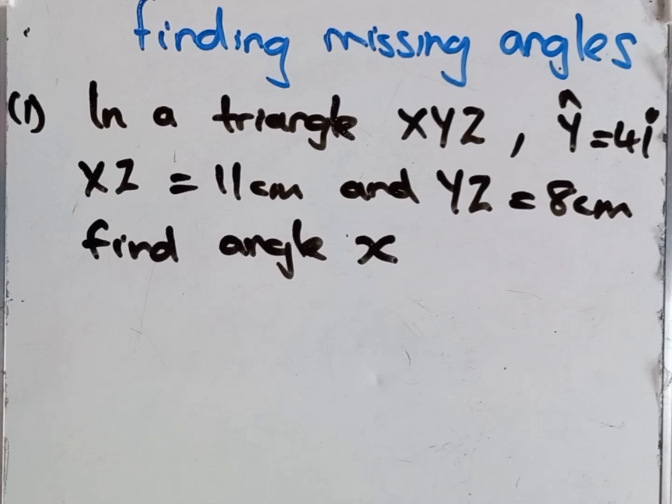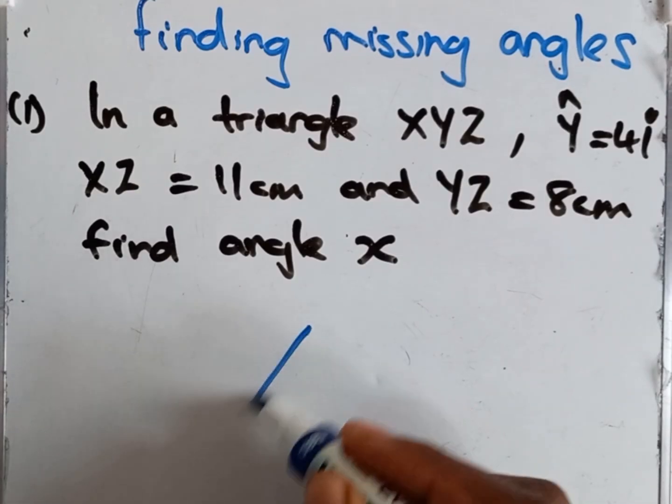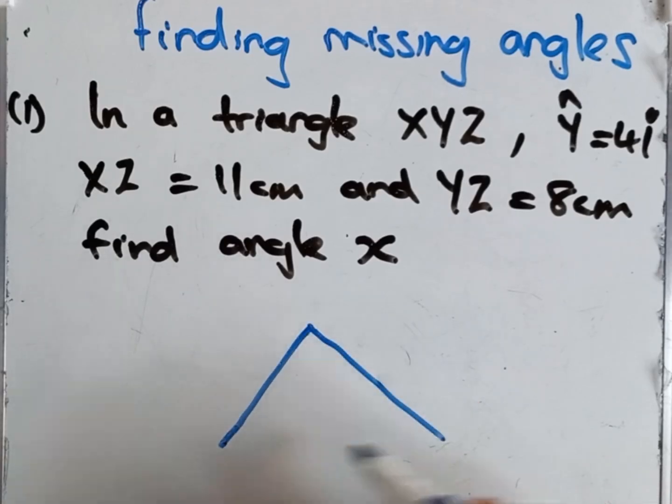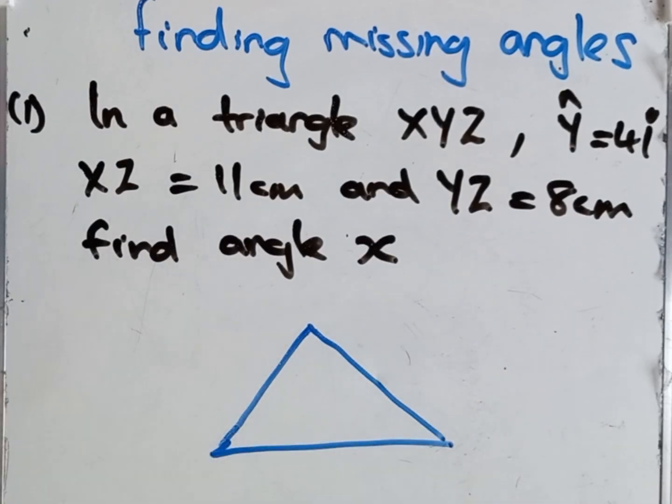Our angle x, first we have to draw up a sketch diagram, and we plug in the values that we have. We are given an acute angle 41 degrees, our side 11 centimeters, which is xz, and yz, 8 centimeters. So I'm just going to sketch a simple triangle. On this triangle, I say this is x, this is y, and this is z.